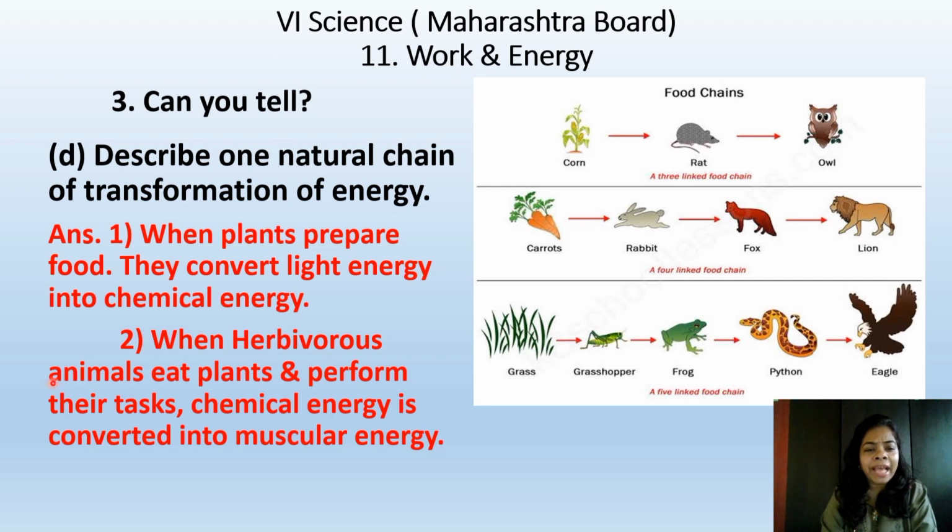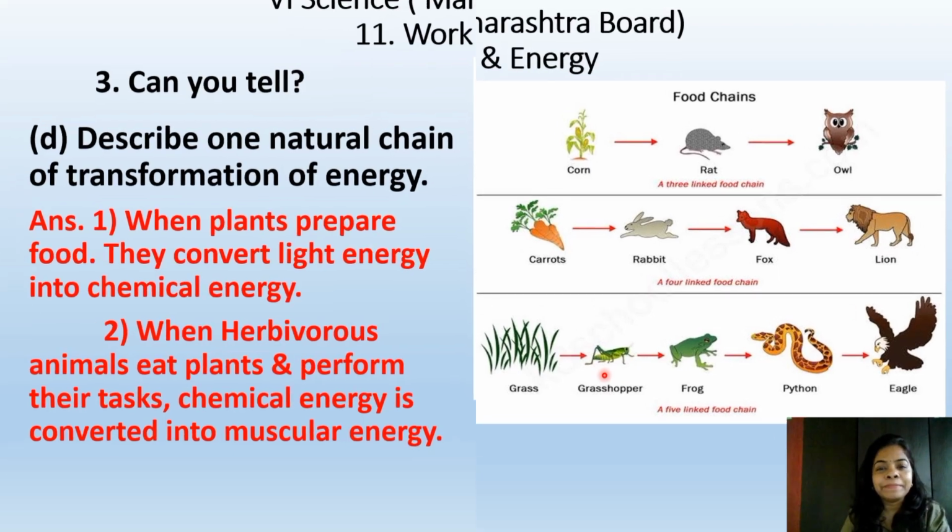When herbivorous animals eat plants and perform their tasks, chemical energy is converted into muscular energy. All these living things are getting energy from the plants. So this is one simple chain in which the light energy of the sun is converted into chemical energy converted into muscular energy in all these cases.